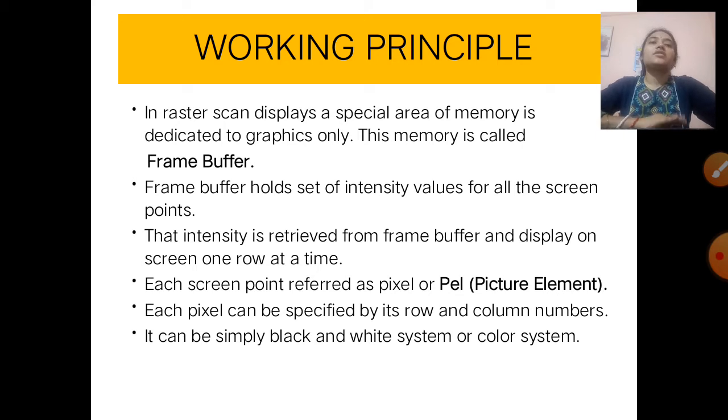The collection of dots on your screen is known as pixels. These values are stored in a frame buffer, and the intensity is retrieved from the frame buffer and displayed on the screen one row at a time.